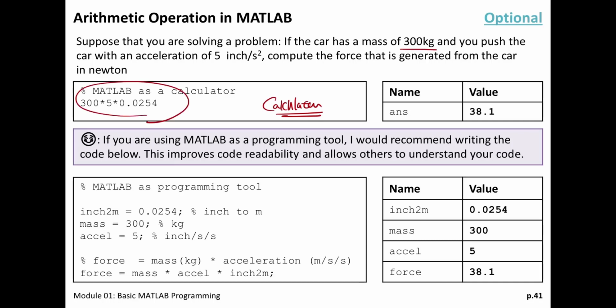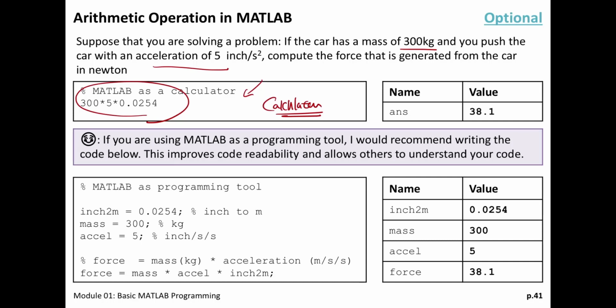Because you know the mass and the acceleration, and you know the unit conversion from inch to meter, you write the script like this if you're using MATLAB as a calculator.